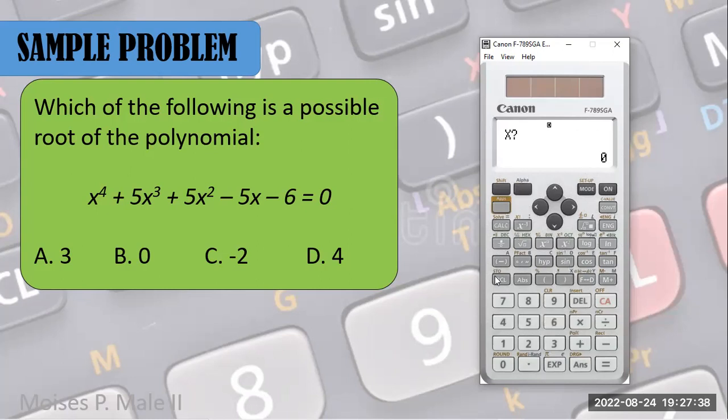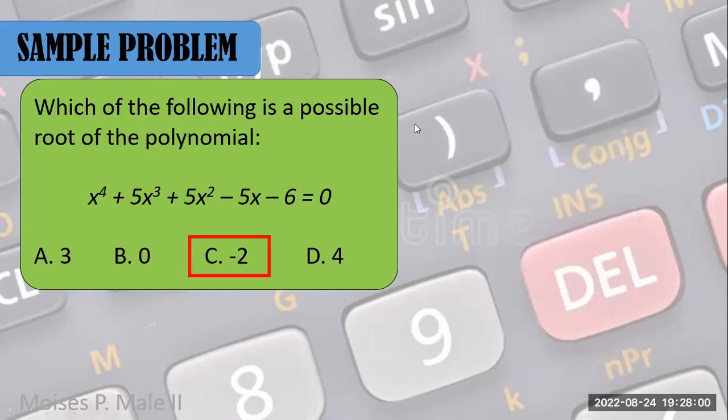So calculate, then 3 will give you the same answer. Calculate 0. Calculate negative 2. Will give you 0. Diba? So, kung 4 naman, will give you 630. So same. No? Yung process for both CANON at saka Casio. Okay, so the correct answer is letter C.